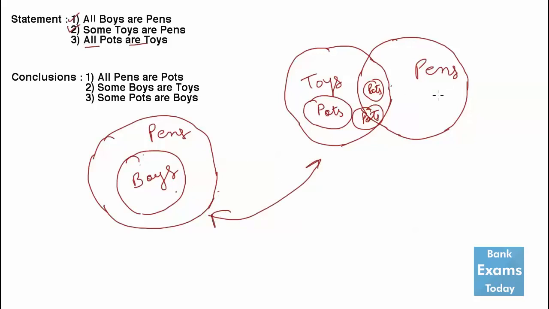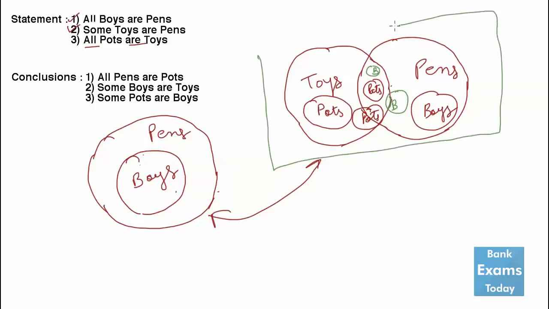So boys can be here, or the circle boys can be here, or it can be like this here. Some part is covered there. So this is the final diagram. So we integrated all three statements here.